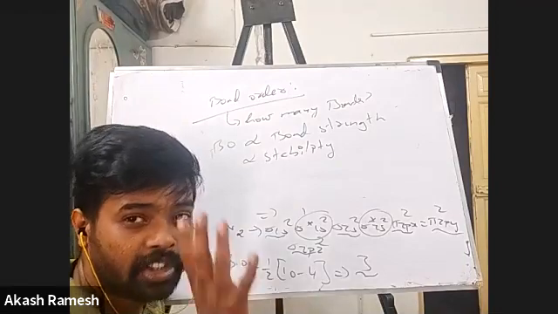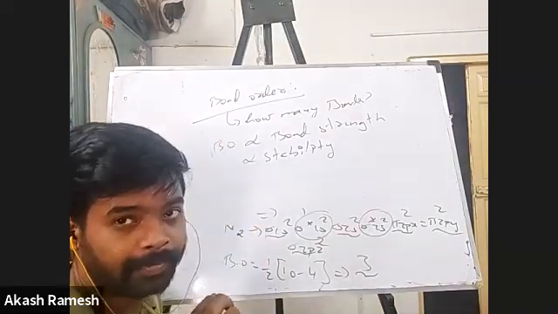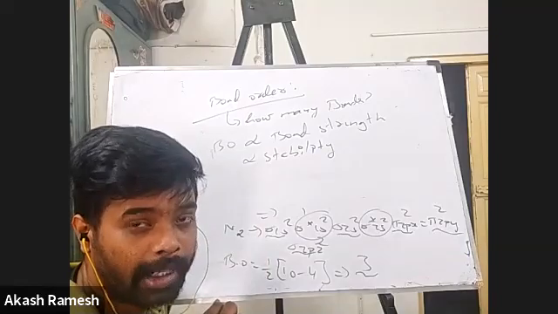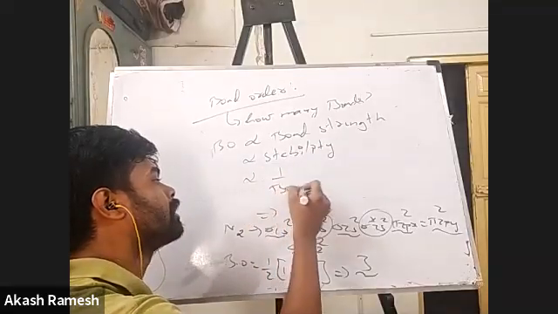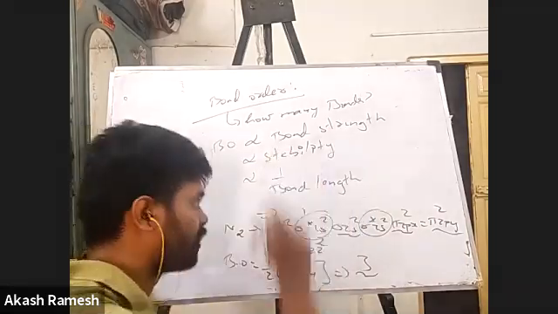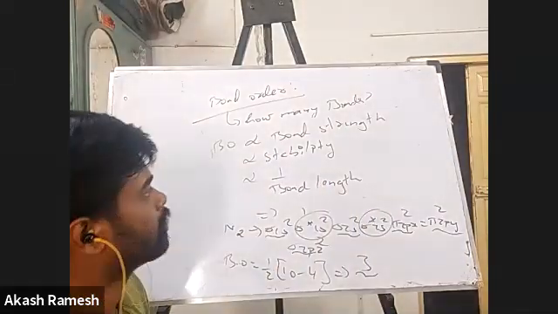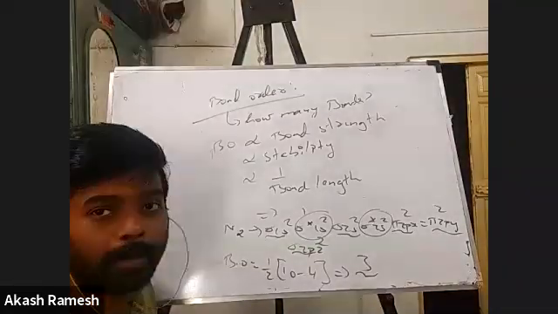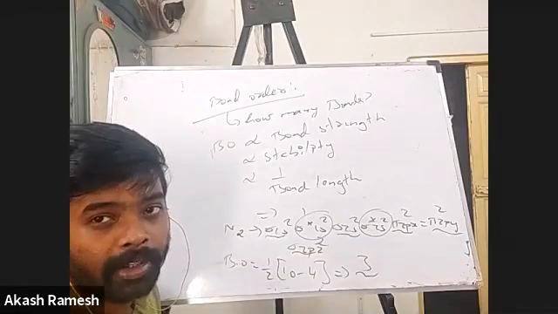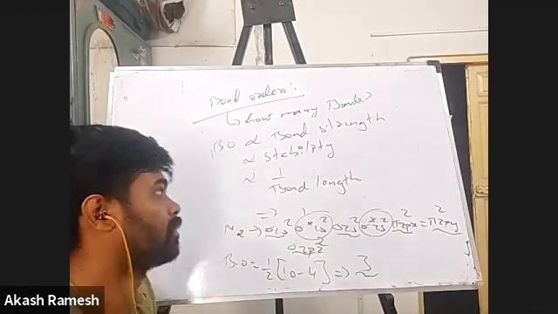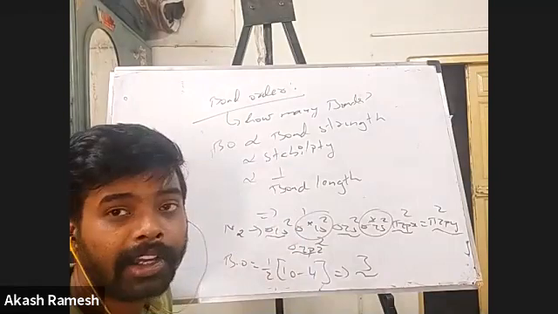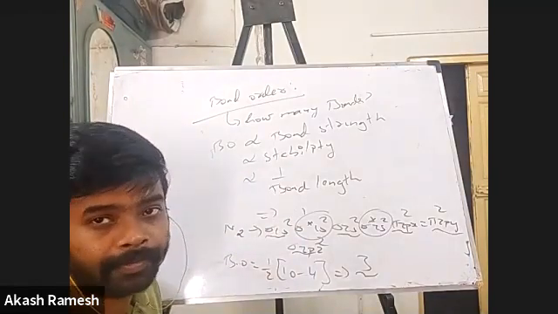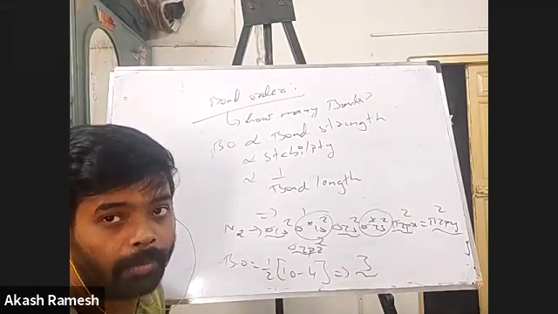If the strength of the bond is very high, what will happen to the bond length? That means the atoms are very, very close to each other, correct? So obviously my bond order is going to be inversely proportional to the bond length. So these three things you have to know. Bond order is directly proportional to bond strength and stability, and if the bond strength is higher, bond length is lesser. So bond order and bond length are inversely related. These things you have to know.